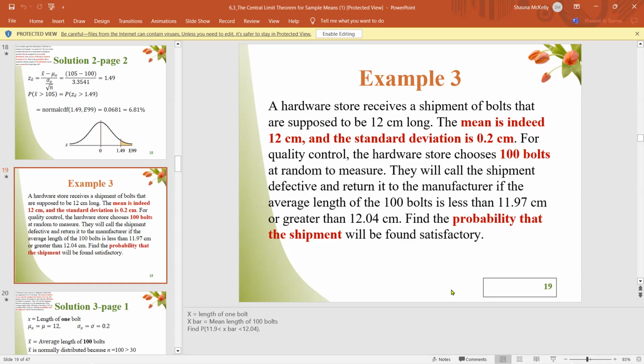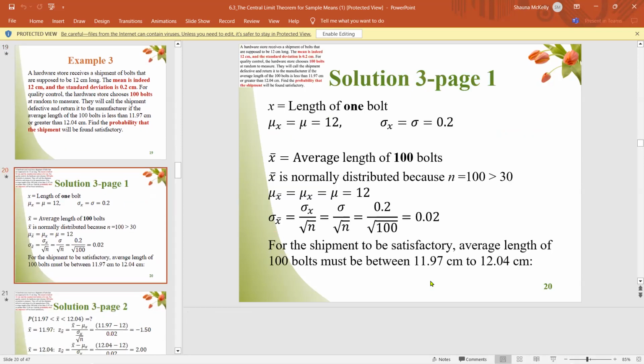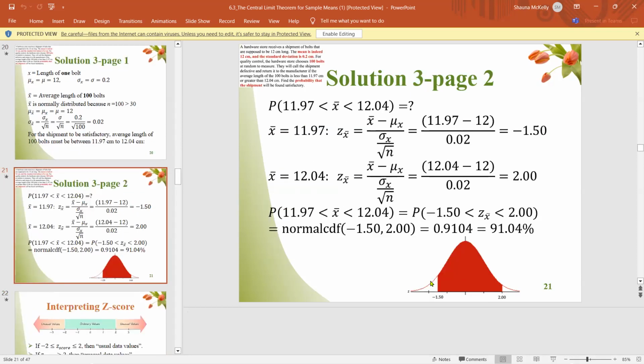Well, here's what this looks like. Let me show you the picture before we go to the calculations, because I think the picture is more explanatory. The mean here is 12, so you've got 12 in the middle. And you're looking for a z-score for each of these, which she calculated. See, 11.97 is over here.